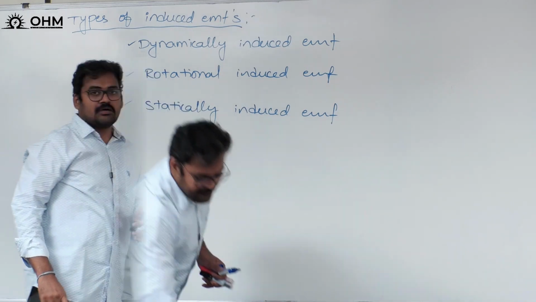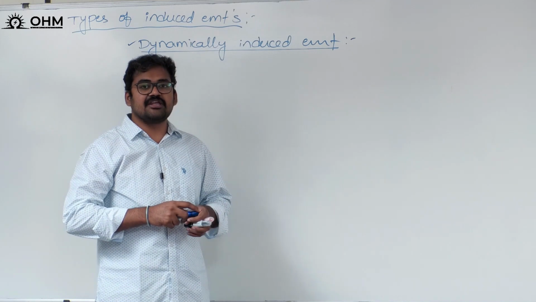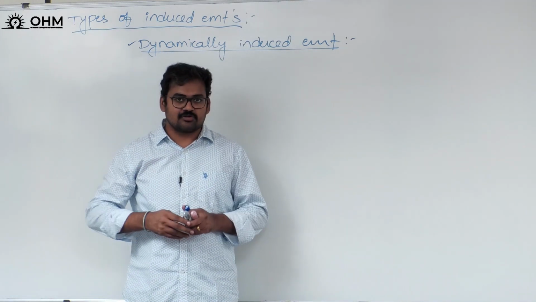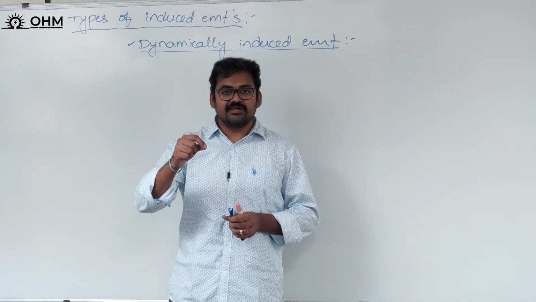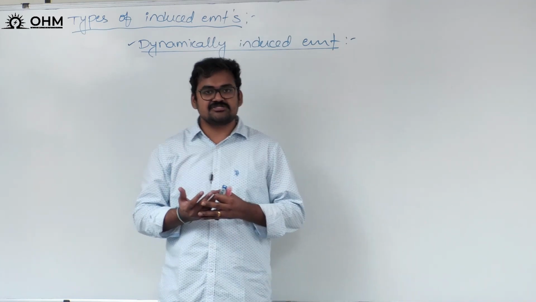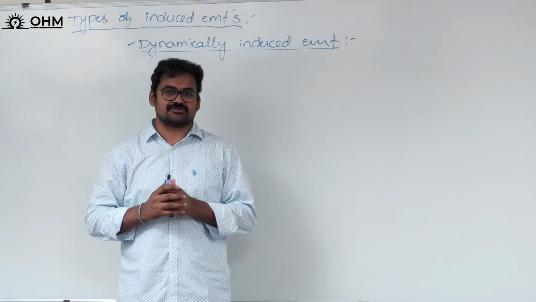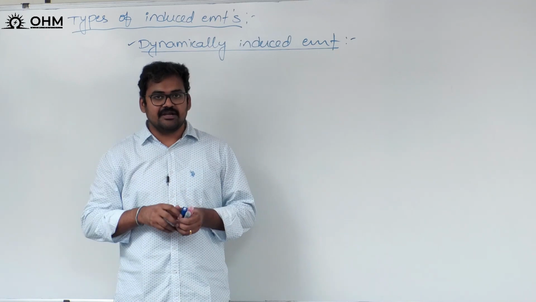Now, dynamically induced EMF. What is the definition for dynamically induced EMF? According to Faraday's law of electromagnetic induction, whenever a conductor is moving in a time invariant magnetic field, it experiences changes in flux linkages so that an EMF will be induced across it. So it is all about a time invariant magnetic field.